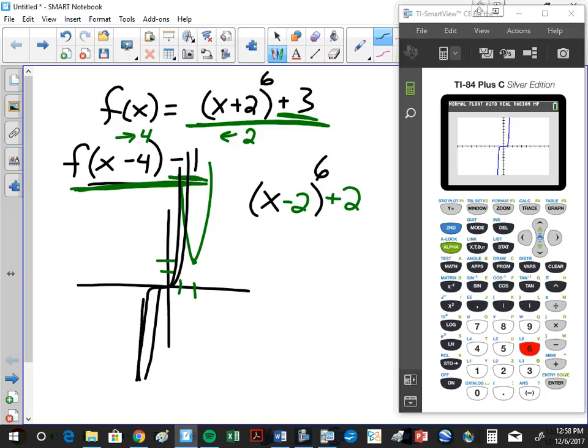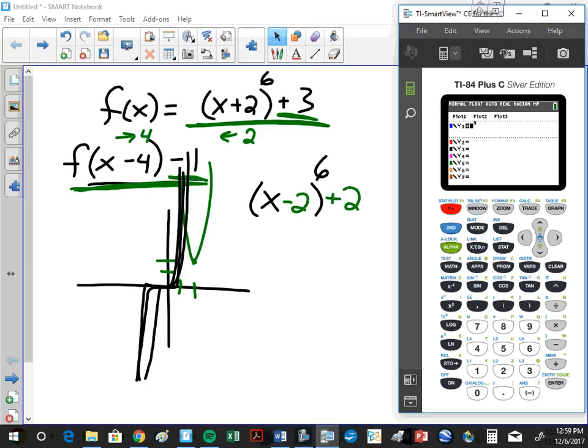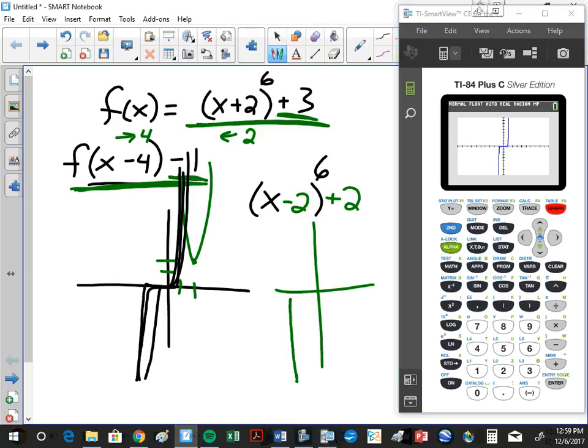Well, actually, it would go straight to 1. So let's say we did x to the 21. It's going to go straight up and then over and then straight up. See that? The higher and higher you go, the more it's going to look like this. It'll never be straight, but the higher and higher you go, the more and more it'll look like that.